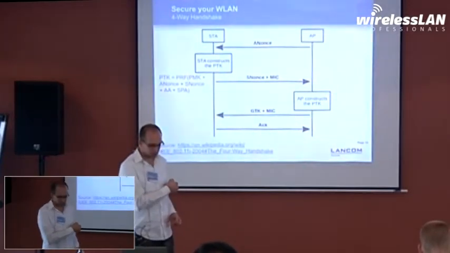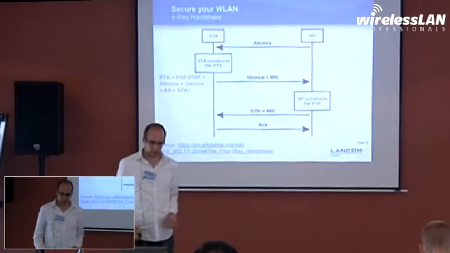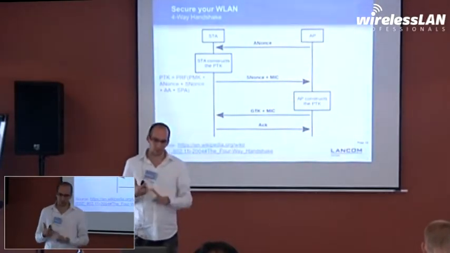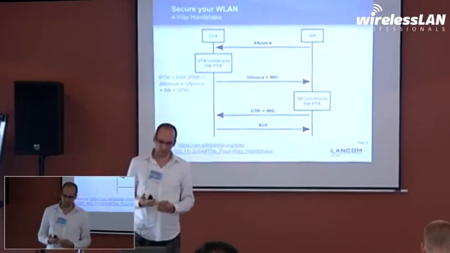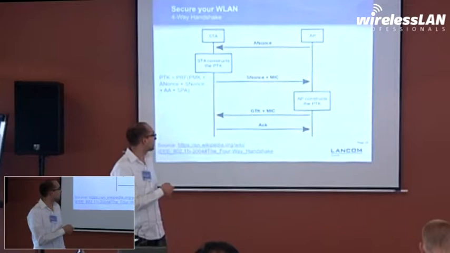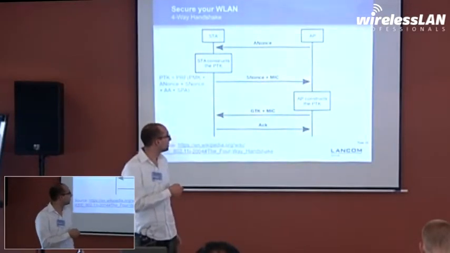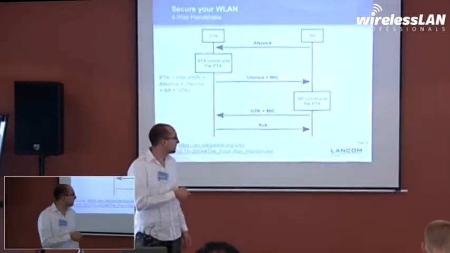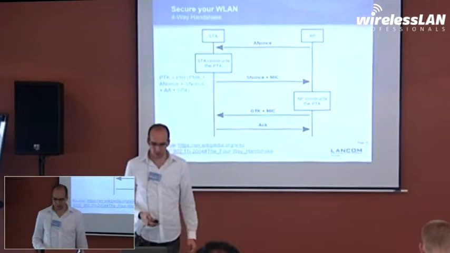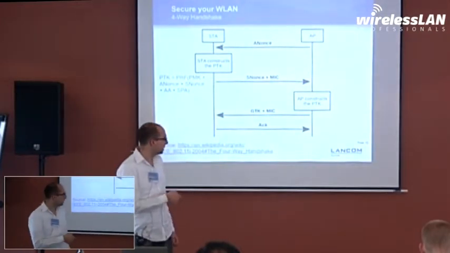The station then starts to generate its transient key because it's got its own SNonce. It knows the MAC address from the AP and of course knows the MAC address from its own device. After that, it sends back the SNonce protected by a MIC, which is basically a hash. The AP constructs a PTK as well, and afterwards it sends the group transient key to the client, and the client just has to acknowledge the transmission.